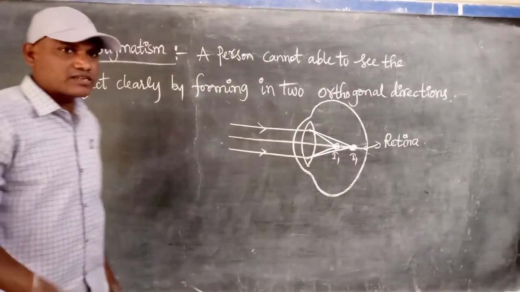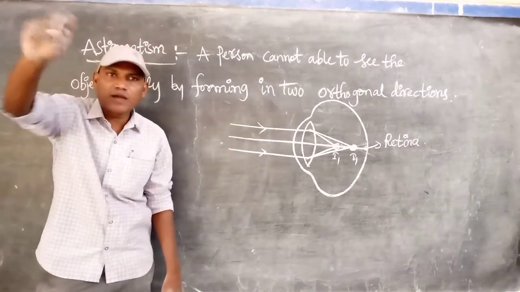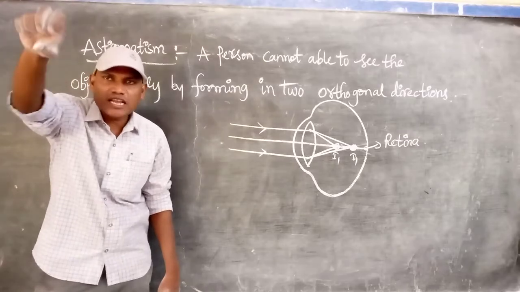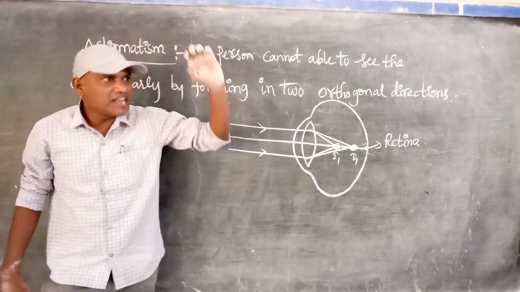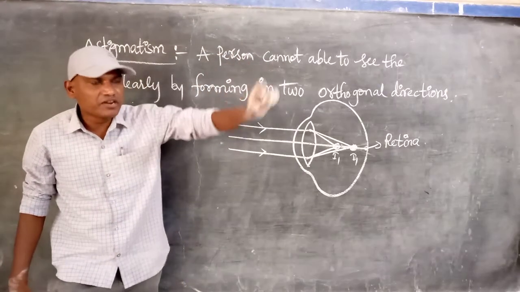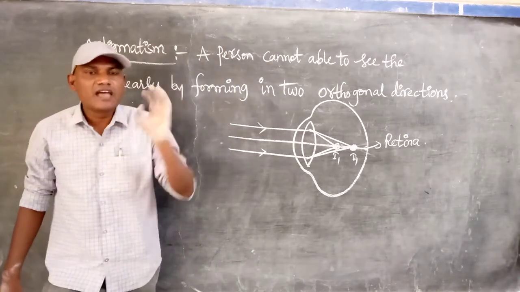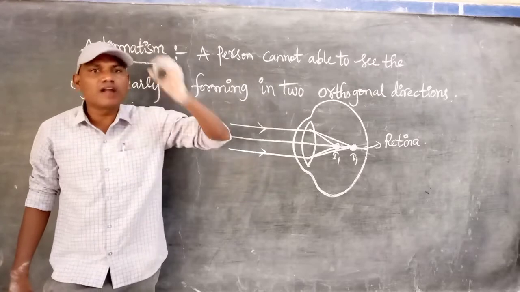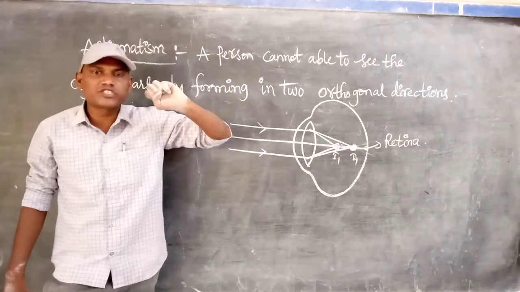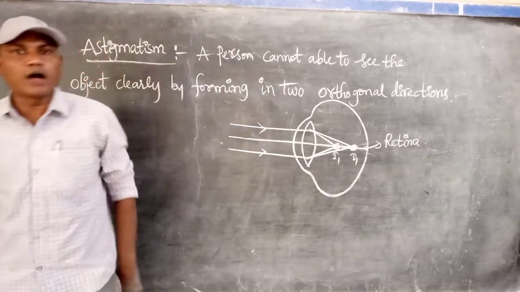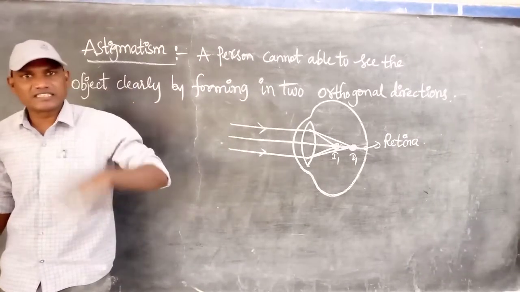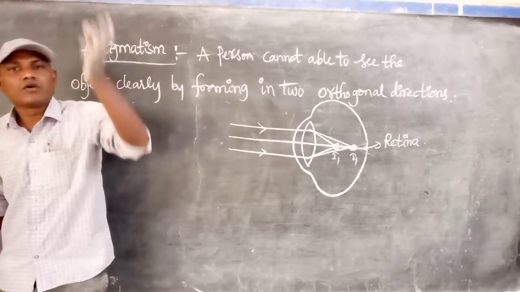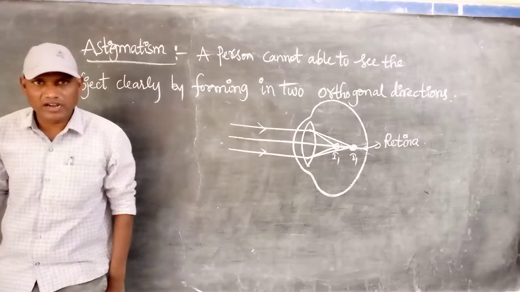That's why, if 10 rays are coming from the object and after refraction they exactly meet on the retina, then the photoreceptors present on the retina grab the information coming from all the rays of the object, what its intensity is, what its nature and color are, everything is found out there.